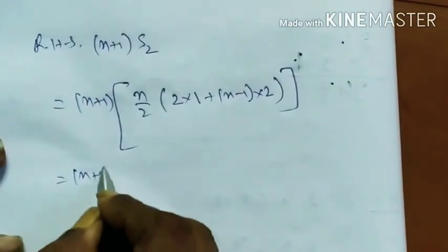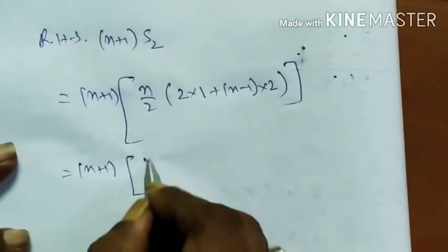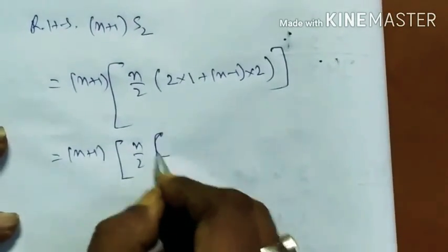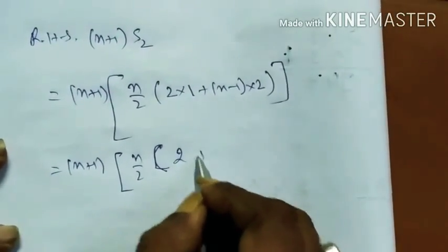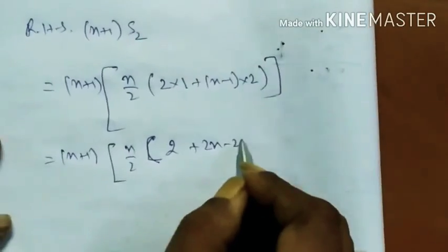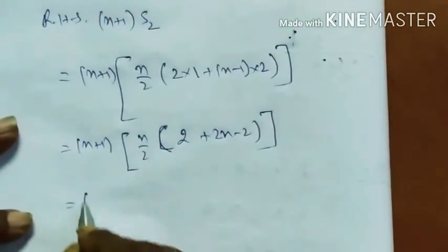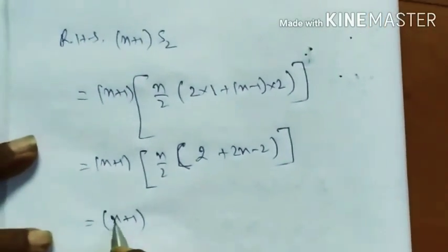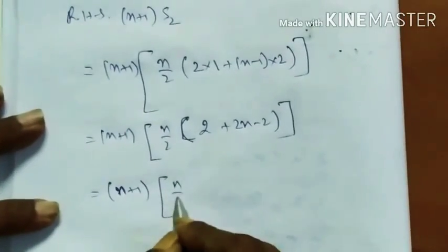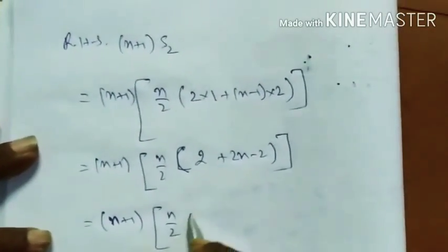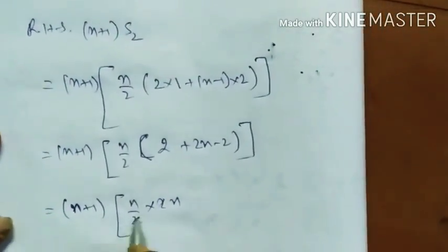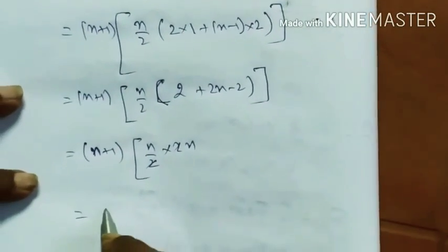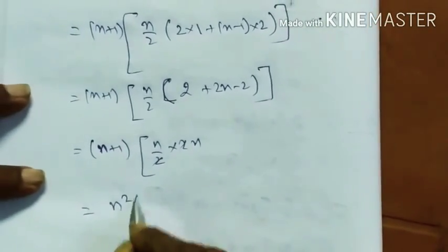So n plus 1 into n by 2 into 2 plus 2n minus 2. Therefore n plus 1, n by 2, 2 cancels out, into 2n, 2 cancels out. This is n square into n plus 1.